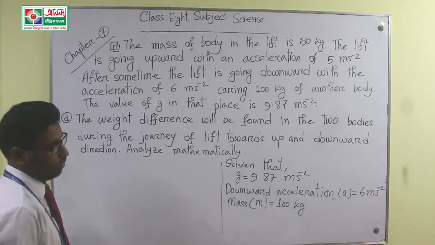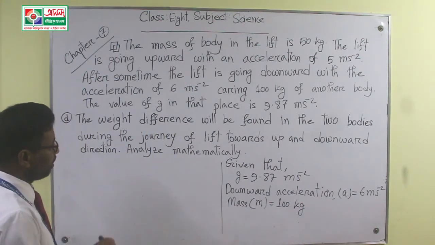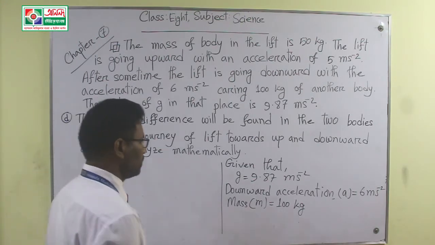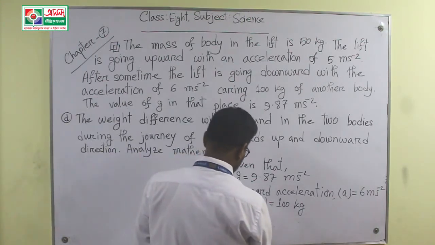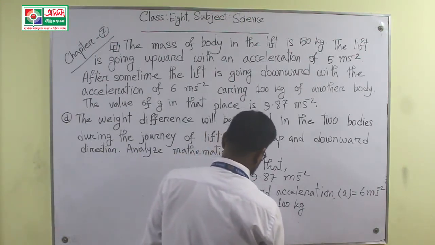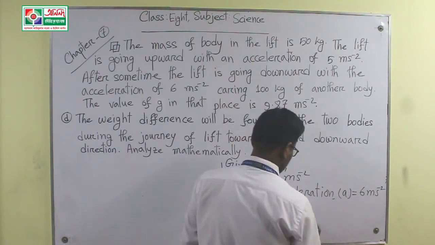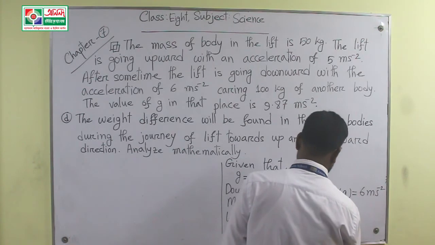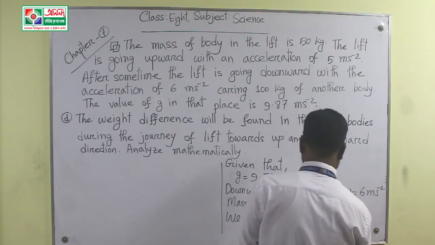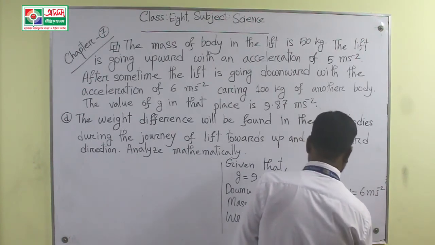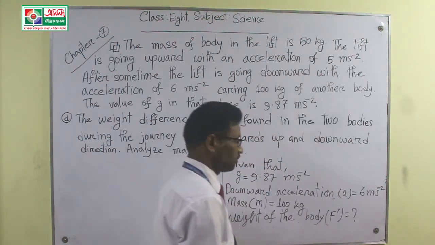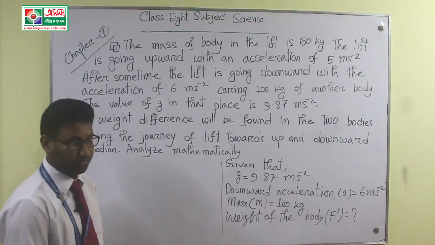And then the weight of the body when downward, F prime, equal to what?